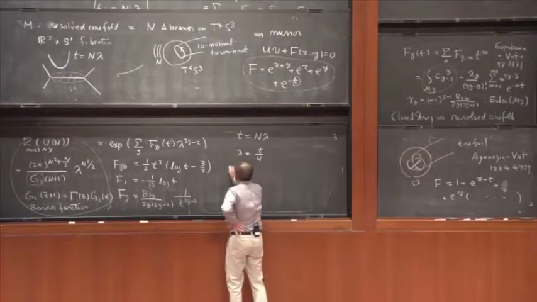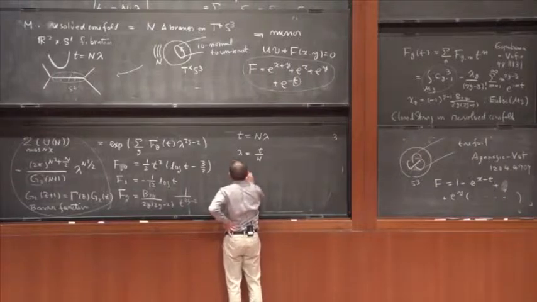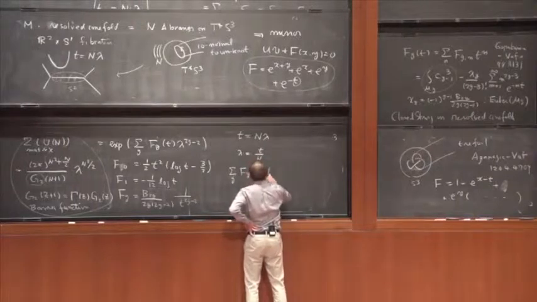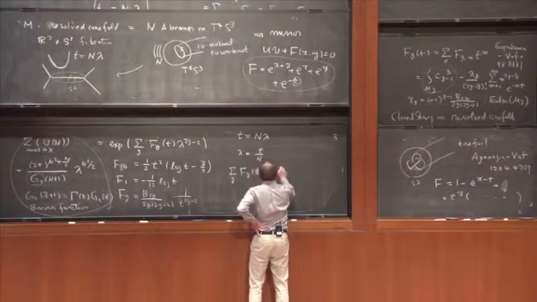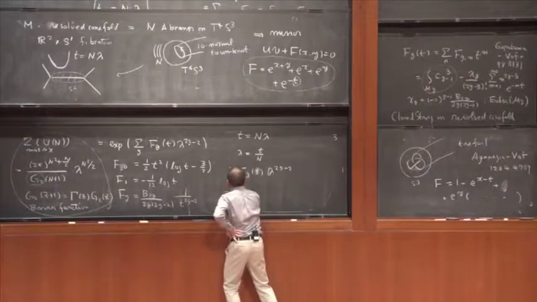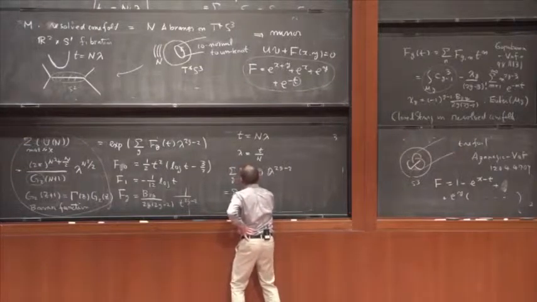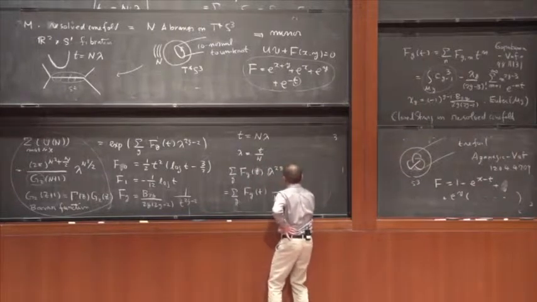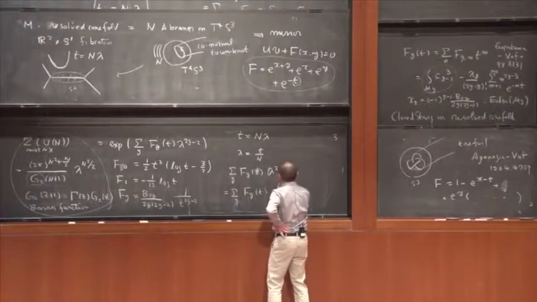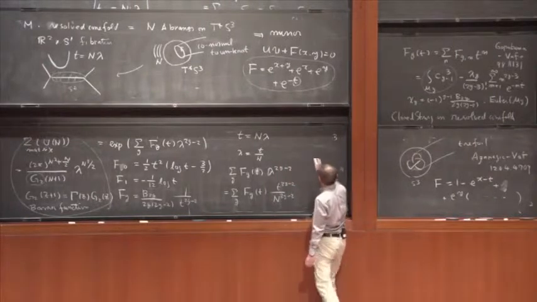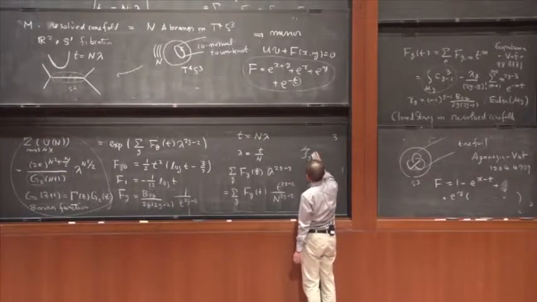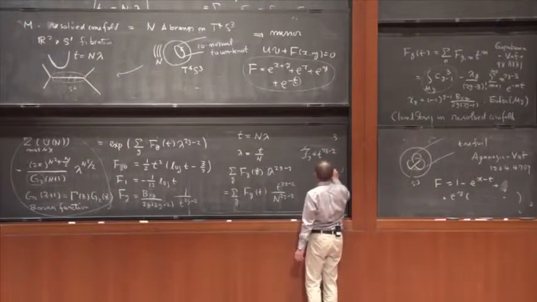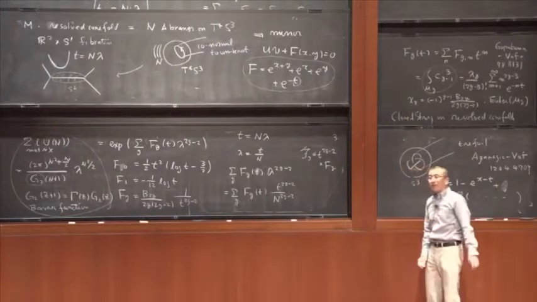So you can write this asymptotic expansion in string coupling constant as a 1 over N expansion, because trivially, this is N to the 2g minus 2 times t to the 2g minus 2. So often, it is written that F_g is equal to t to the 2g minus 2 times this, the F_g is this solid F_g.